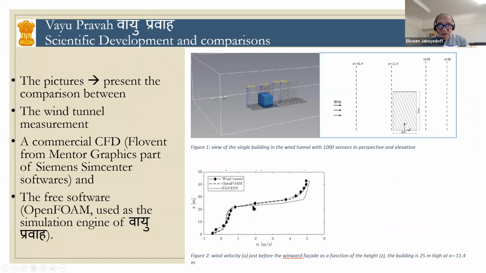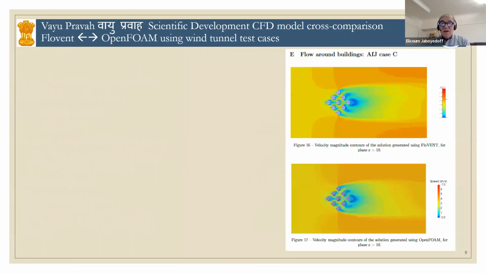And then you have in the long dashed line, you can see the OpenFOAM calculation, which corresponds to the engine of Vayu Pravah. So you can see that the results are quite good. Of course, this is just one example. There were many of them already performed.